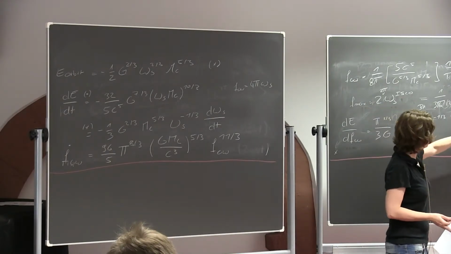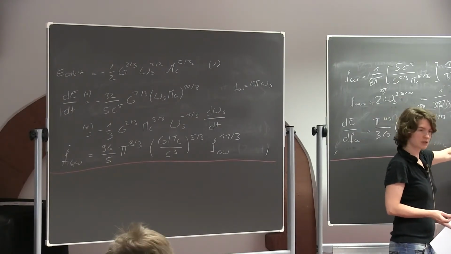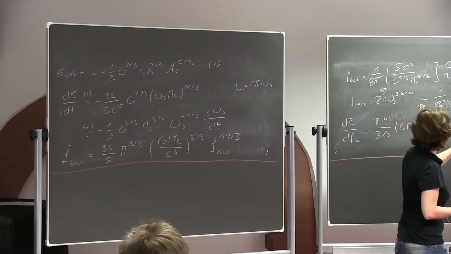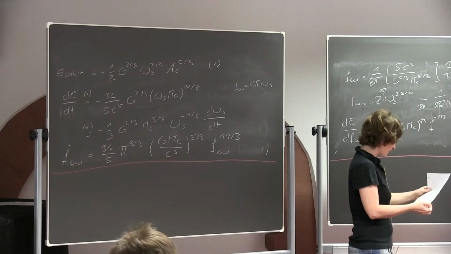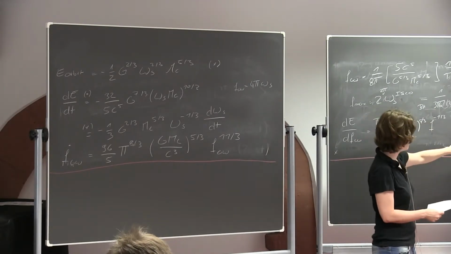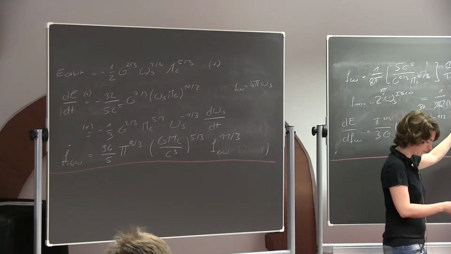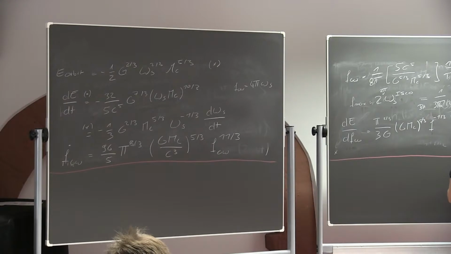Because this integrand grows very rapidly as the frequency goes down, going inversely with the frequency, we don't care about the minimum frequency. It's all determined by the maximum frequency. So you can compute this.